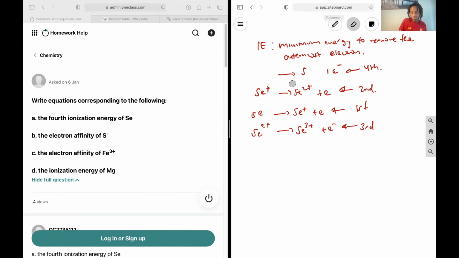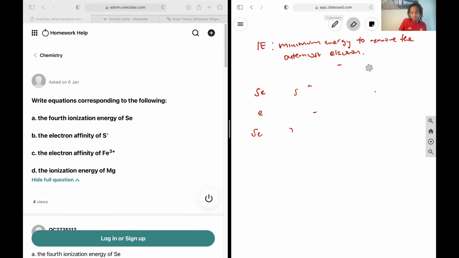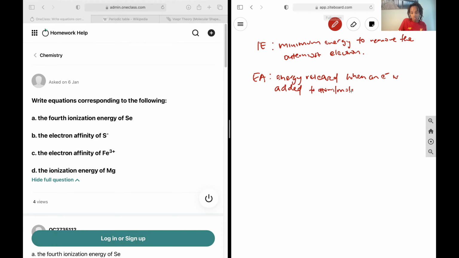Additionally, we have the electron affinity, and that is defined as the energy released when an electron is added to an atom or molecule in the gaseous phase.